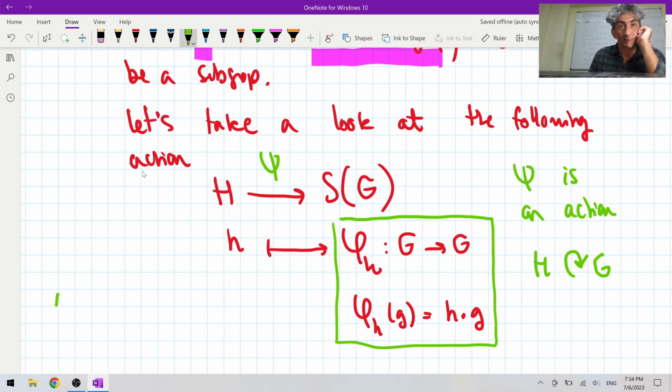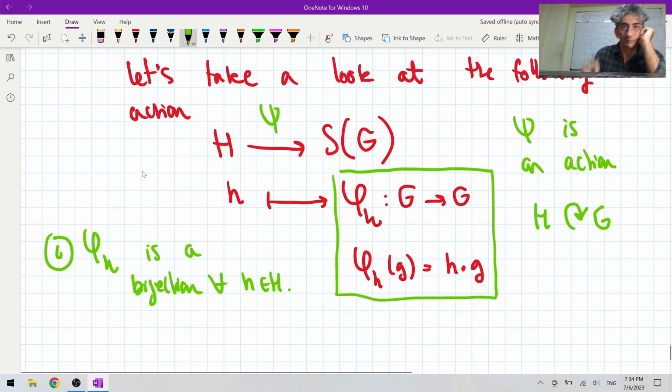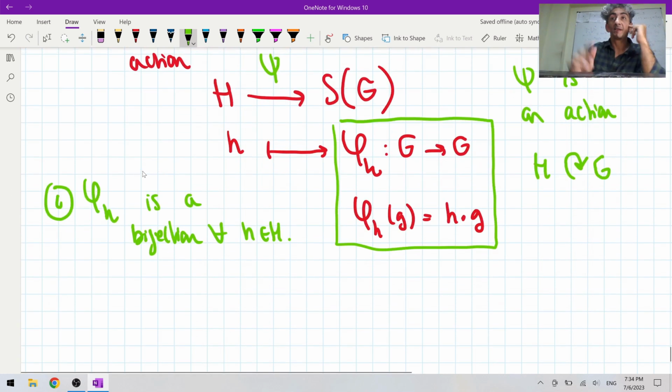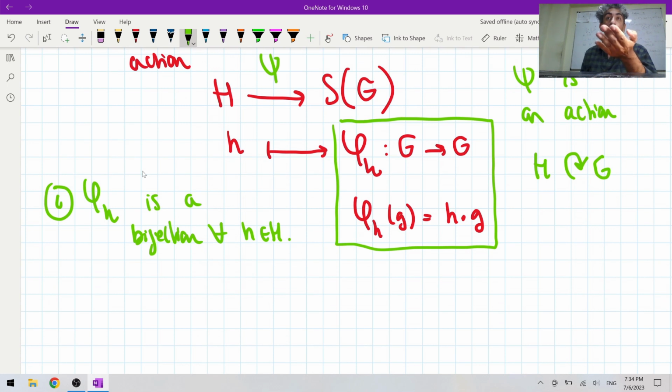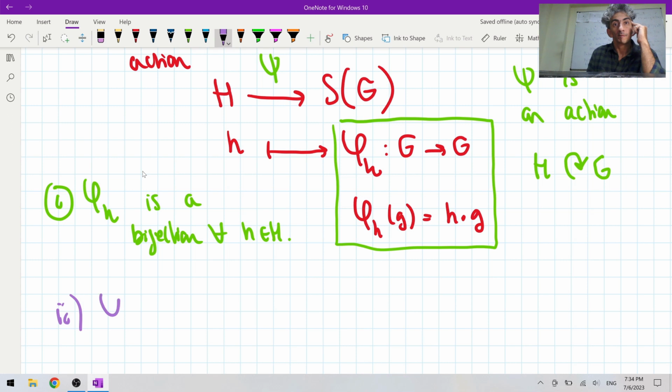These are bijections. This is a claim that is very simple to prove. First of all, phi sub h is a bijection for every h in H. That's an easy claim for you to prove, and it's easy to show that psi is a group morphism.